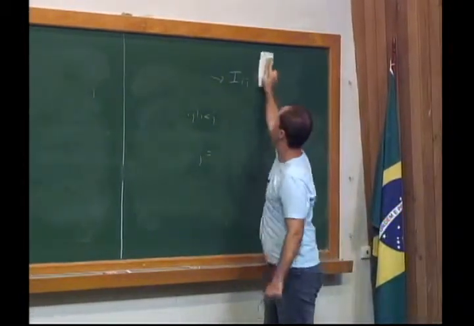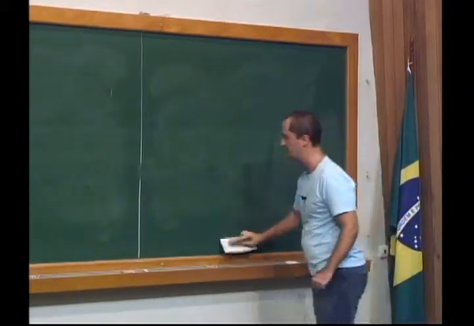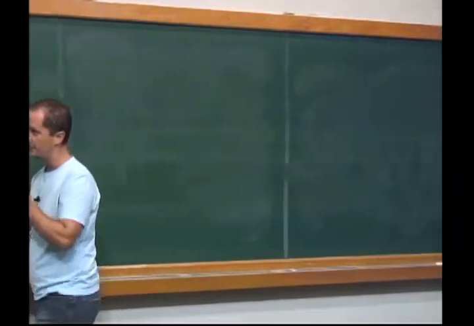Right, so this second class of matrices, I'm going to call them random covariance-type matrices. So let me write this name over here.